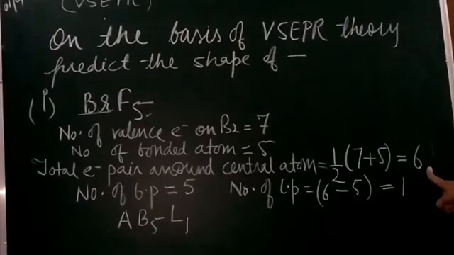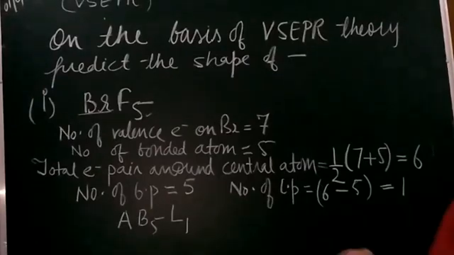That means the expected shape, since the total electron pairs is 6, the regular shape is going to be octahedral, right? And among that, one is being replaced by a lone pair. So students, what is going to be the shape of it? We are getting 5 bonded atoms and one lone pair, so it will be a square pyramidal shape.